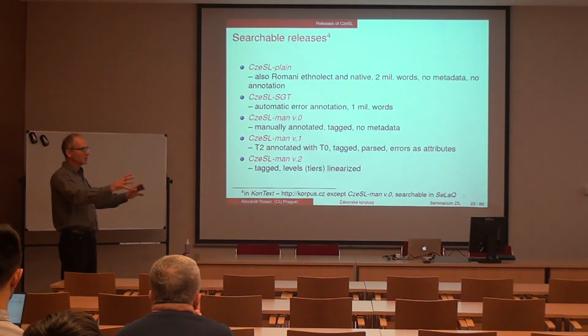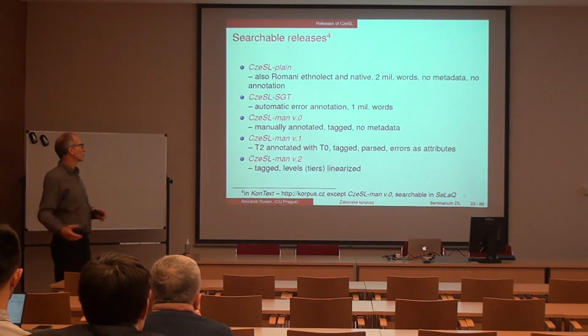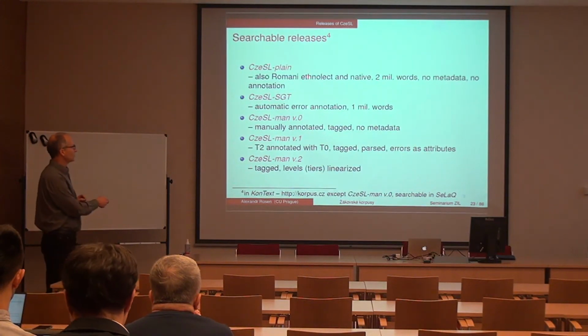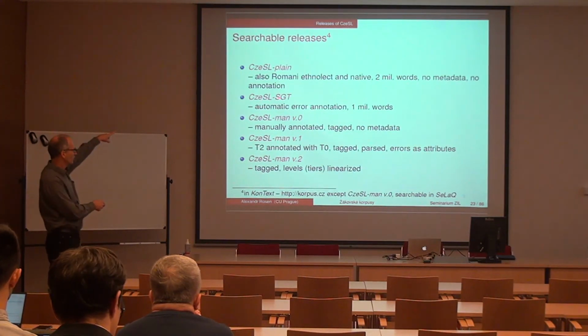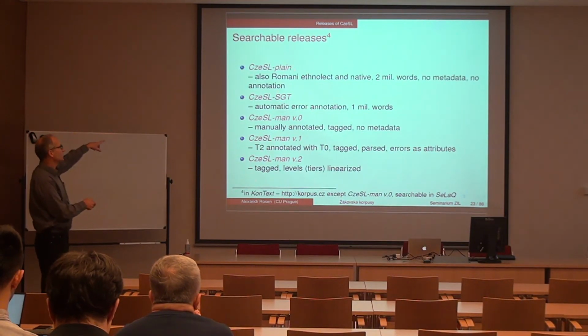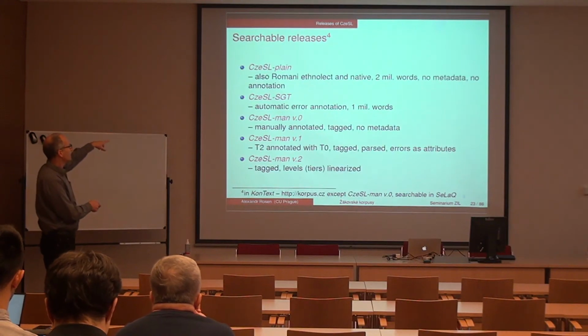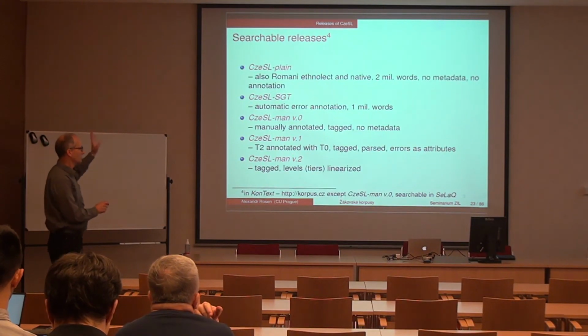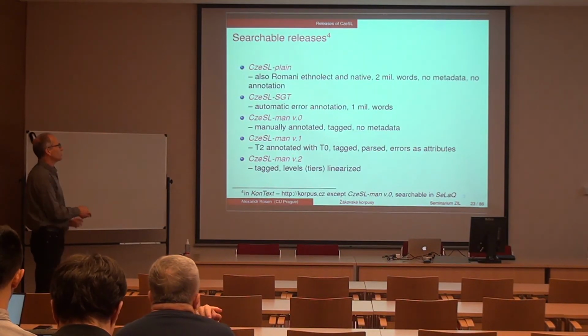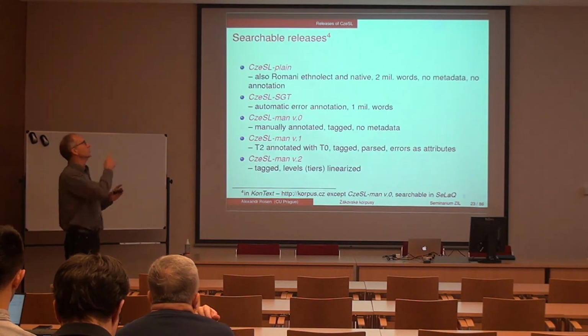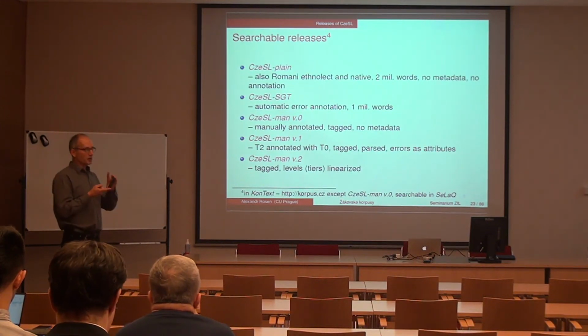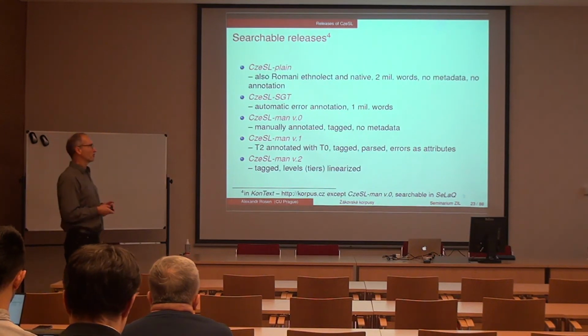Yeah, so these are some data, and now we have some releases of that. So here we have something that you can search for all of them in context. Just plain, without annotation, without metadata, just divided into, here is even Romani ethnolect, foreigner, Slavic and non-Slavic foreigners.